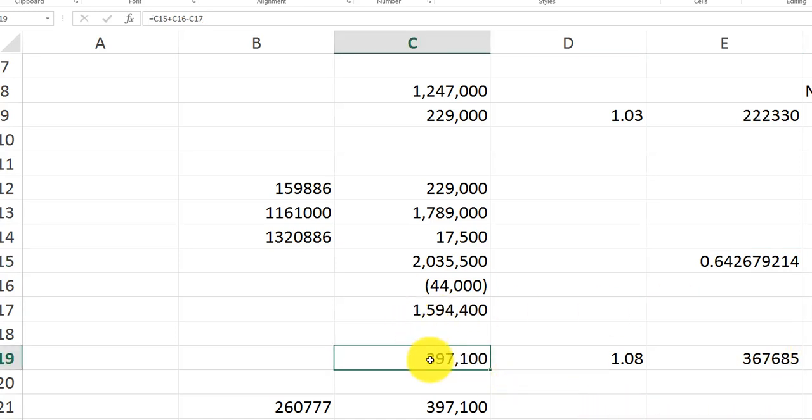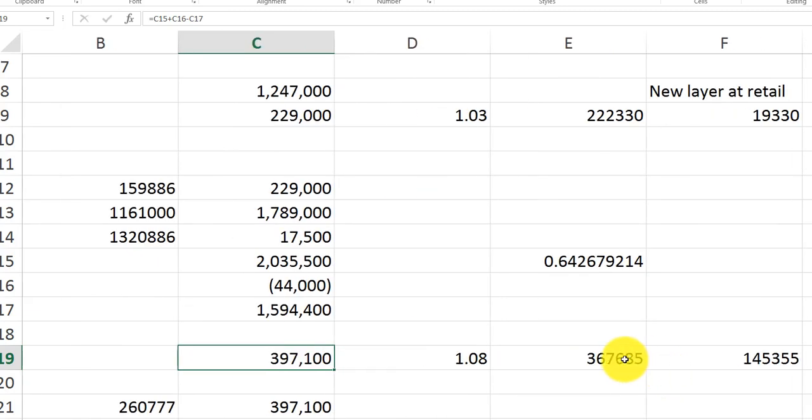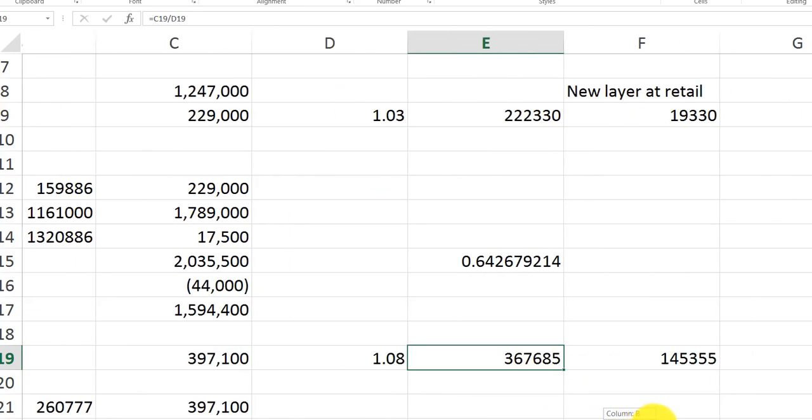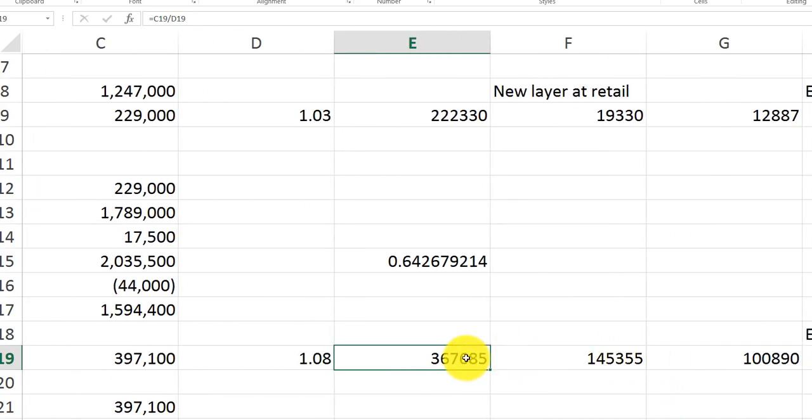Once we have ending inventory at retail, we then divide by 1.08 to get the ending inventory without inflation at retail. We then compare that to the last time we measured our inventory without inflation, which is right here.